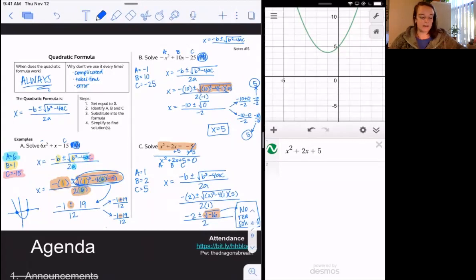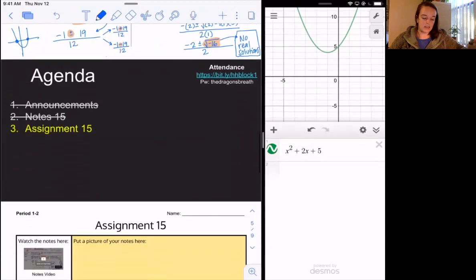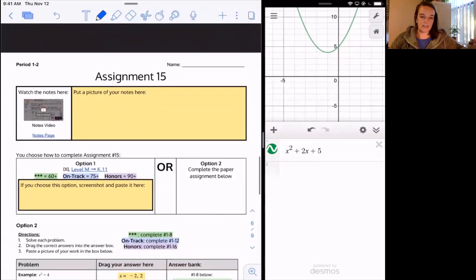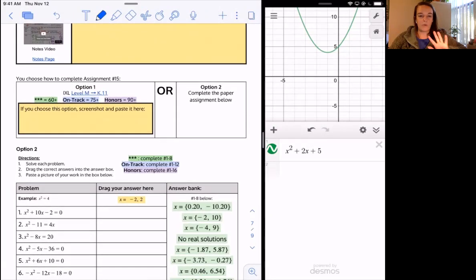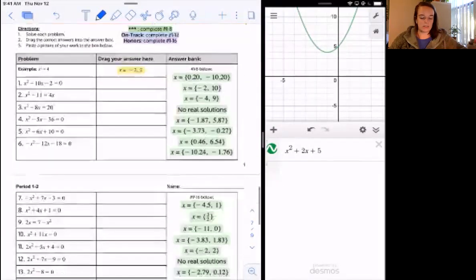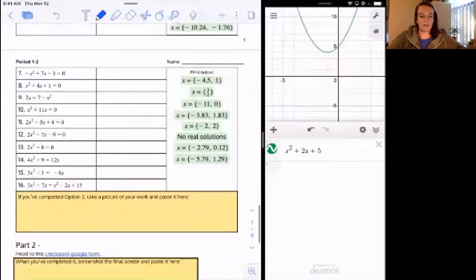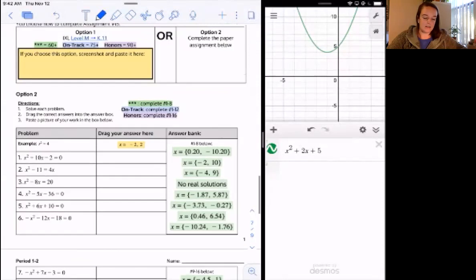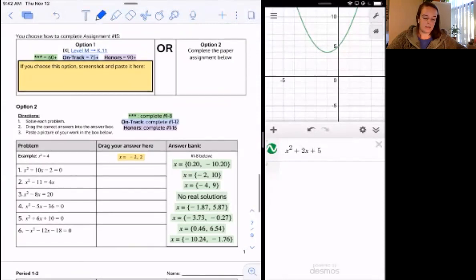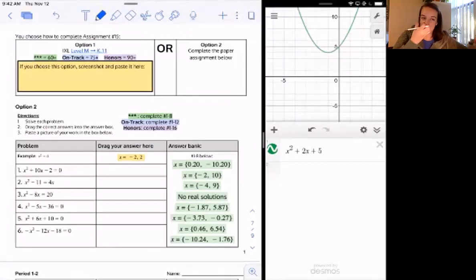Let's chat real fast about what our practice is going to look like today. I know that this is a lot. So there is just one section, and then you have your regular checkpoint quiz at the bottom here.